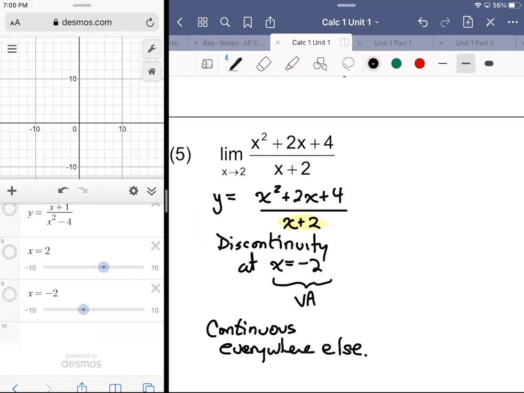I mean, you can put the notation down if you want, but that's kind of beyond what I'm looking for. More so, it's telling me that I can now make a determination of what the limit is simply by direct substitution. I can take this 2, plug it in for all the x's, and it's going to spit out a finite answer.